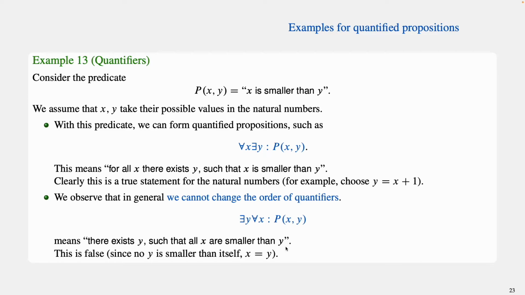And this is not true, this is a false proposition, because for any y we can choose x equal to y, and this value y would not be smaller than itself, so it cannot hold for all x, regardless of which y we chose. So this proposition is false, but with the reversed order of quantifiers, it was a true proposition, so we see that the meaning does get changed when we change the order of the quantifiers.